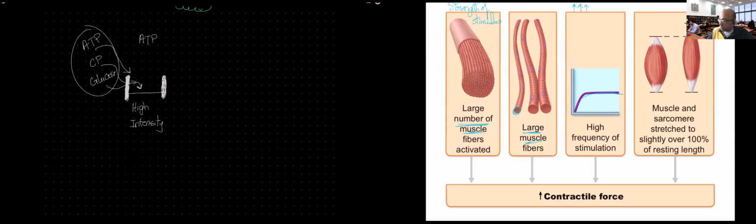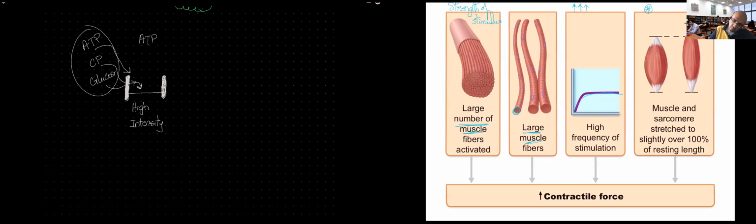Another factor that will affect the force of contraction, the contractile force, is the length of the muscle. The more I stretch the muscle, the stronger it contracts.